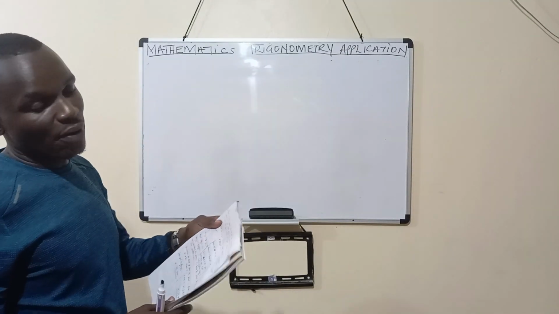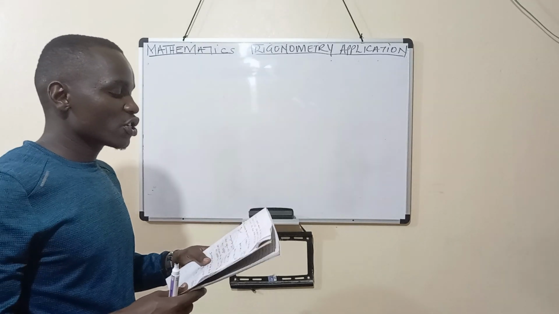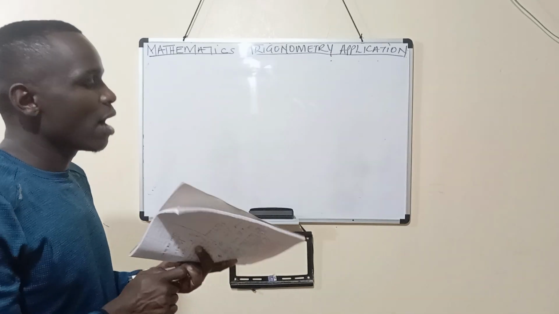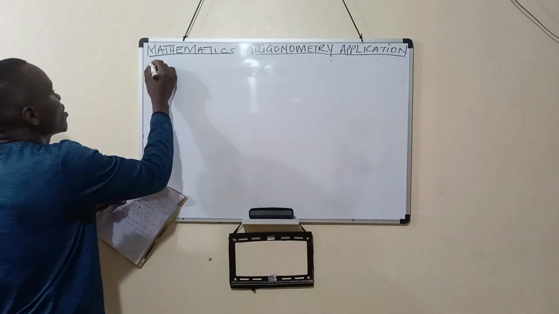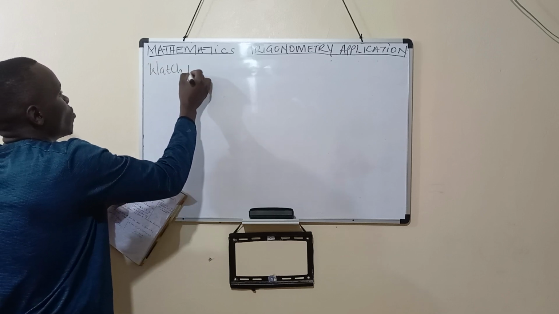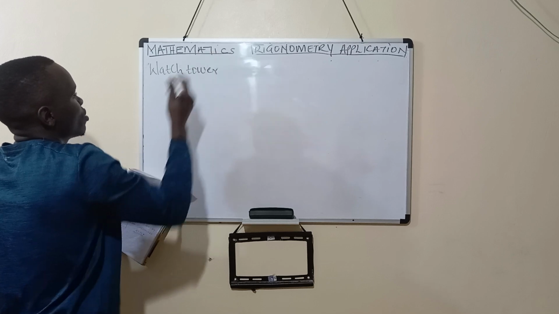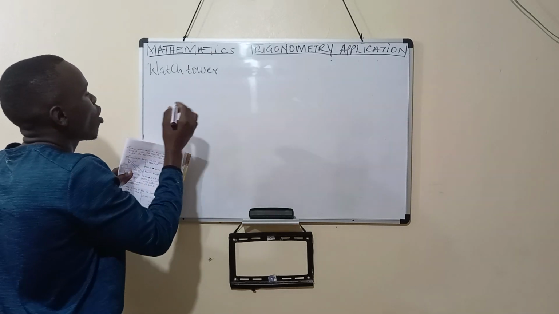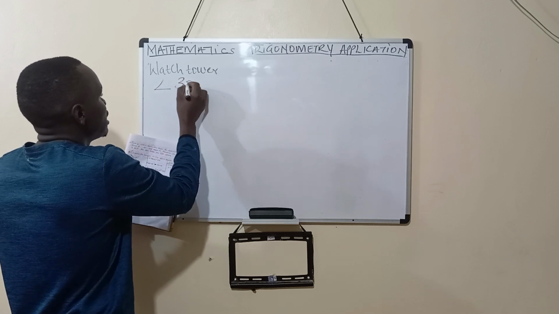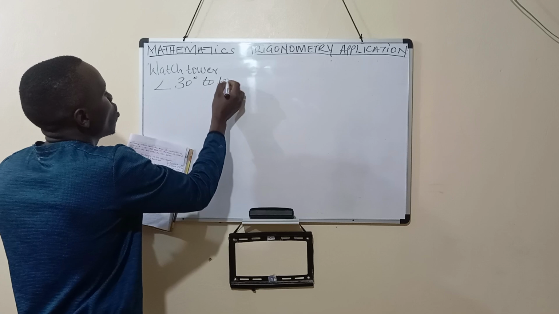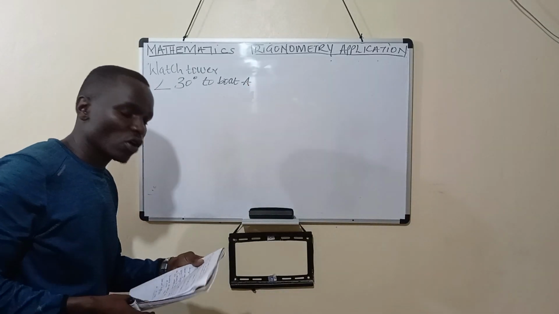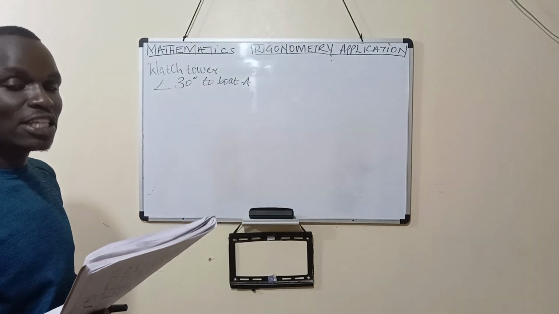From a watchtower, the angle of depression to boat A is 30 degrees. We have something called a watchtower, and we are told the angle of depression to boat A is 30 degrees.